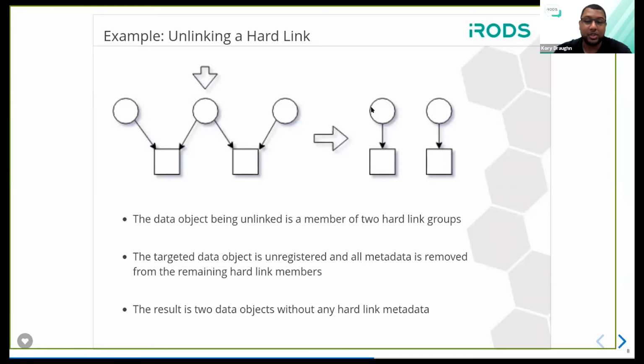And so what you're left with are just the two data objects on the edge, this one and this one, and they point to the replicas that were originally hard linked. It's also important to note that in a situation where the rule engine plugin has determined that a hard link group only consists of one data object, all of the metadata is removed. So hard links always consist of at least 2 data objects being part of that group.